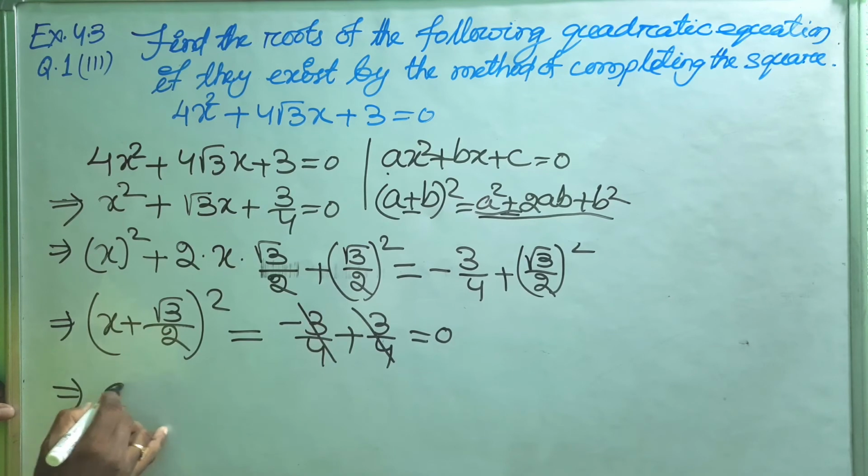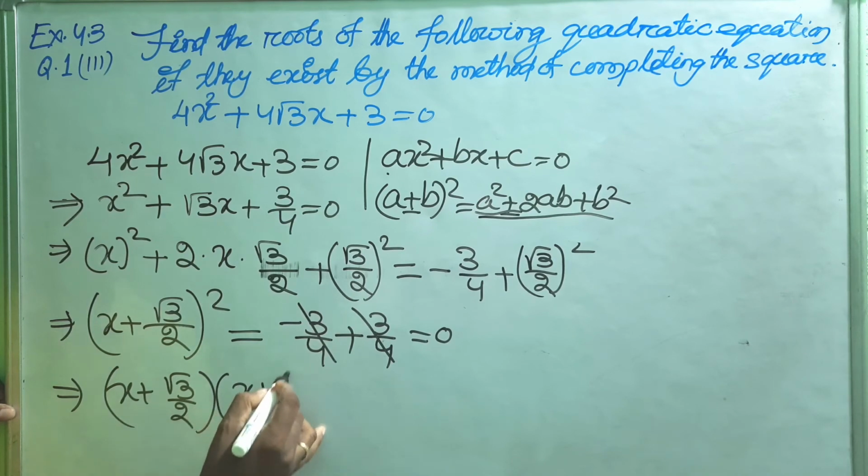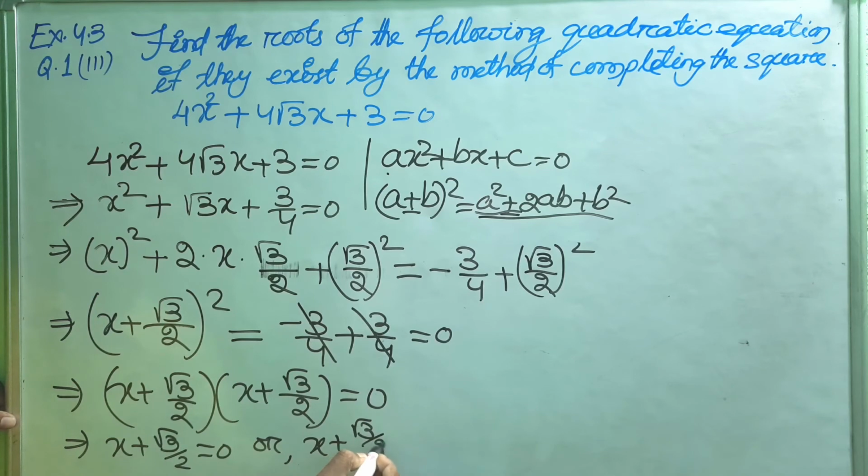Now you write x plus root 3 by 2 into x plus root 3 by 2 is equal to 0. This implies x plus root 3 by 2 is equal to 0, or x plus root 3 by 2 is equal to 0.